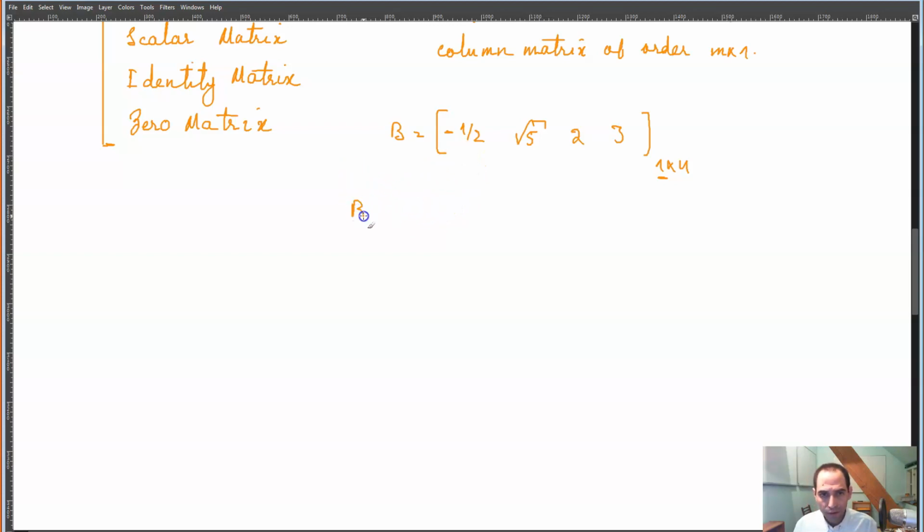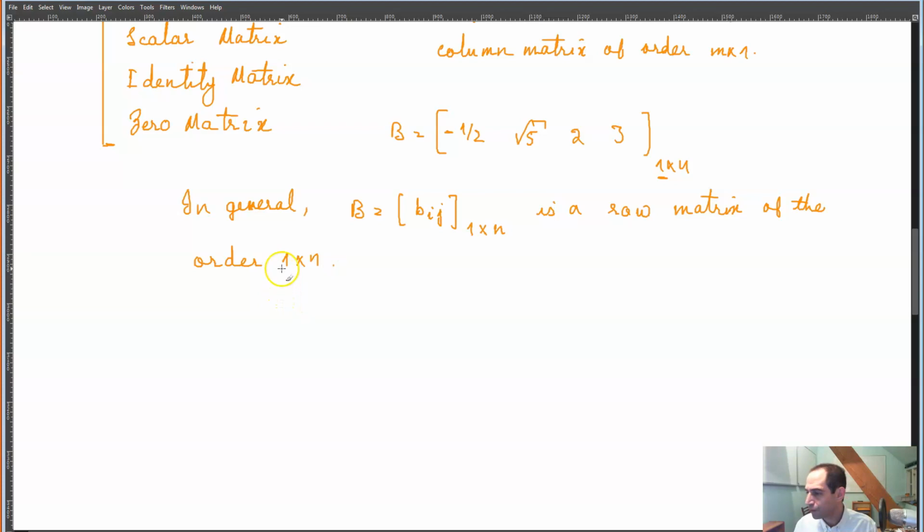In general, B is equal to B of ij, basically you have only one row, so 1 by n. So you can say that in general, B being this matrix is a row matrix of order 1 by n, right?